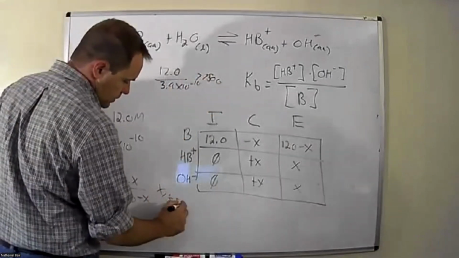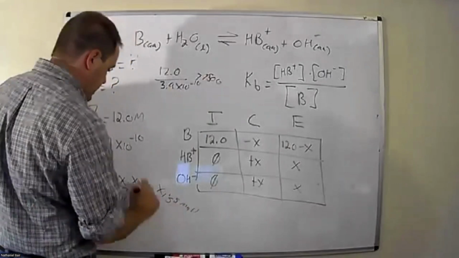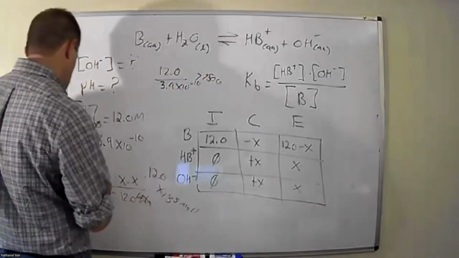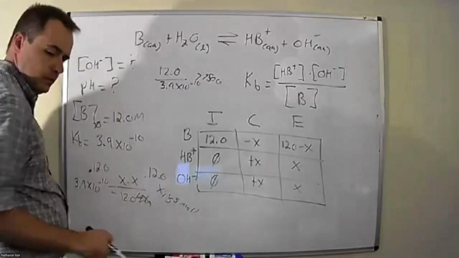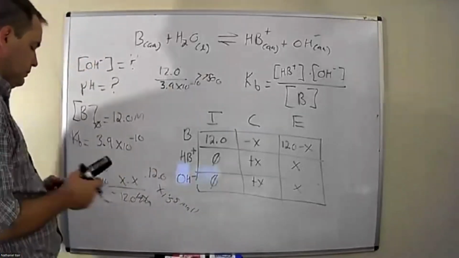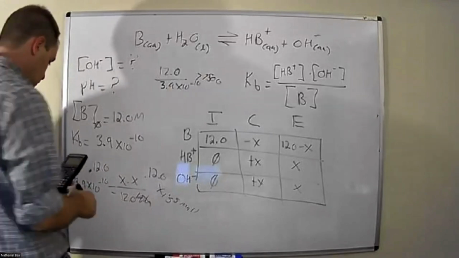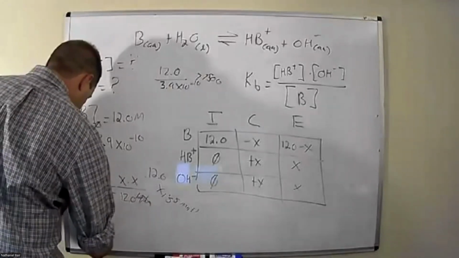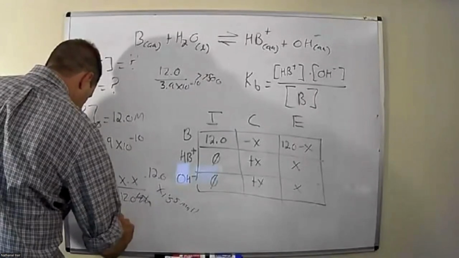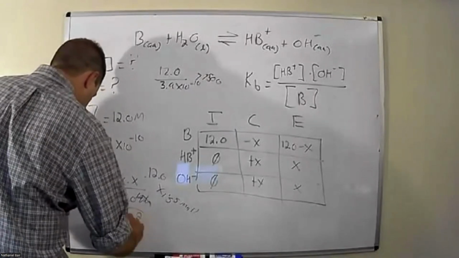X is small. You can get rid of the minus x, multiply both sides by 12. We get 4.7 times 10 to the negative 9th equals x squared.